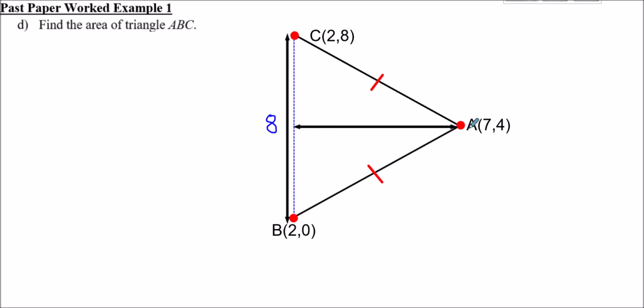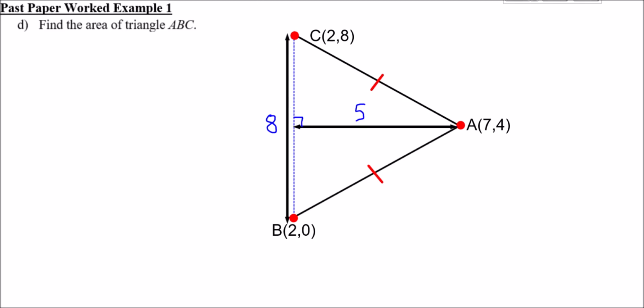Okay, so this distance was 8. Then from here to there, from B or C to A, what's x changing by? Well, the x-coordinate here is 2. Moving along up to this point, it goes to 7. And so the distance in the x direction moving along is 7 minus 2. This height must be 5.